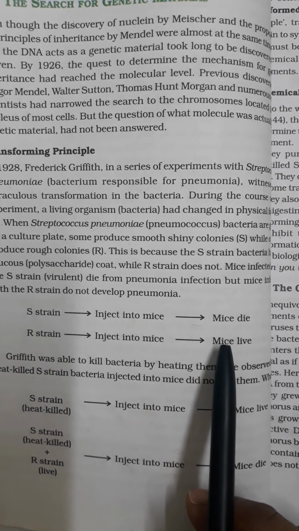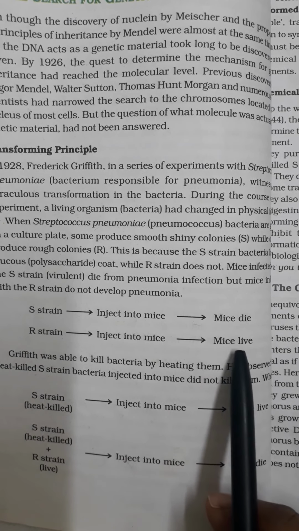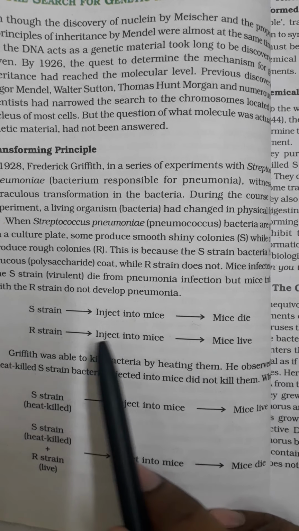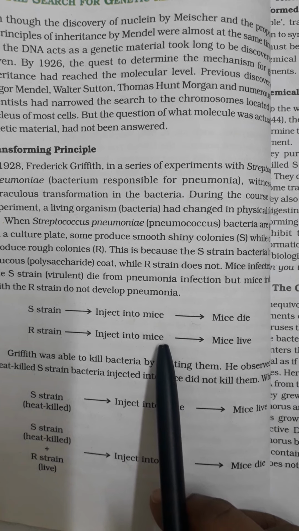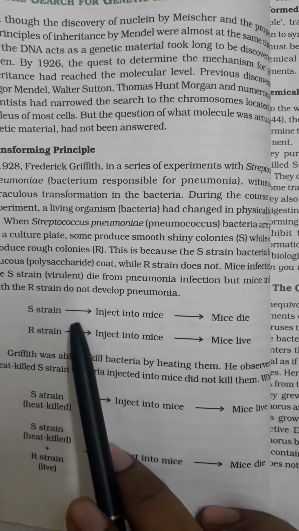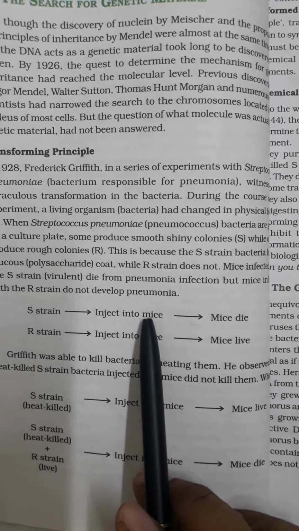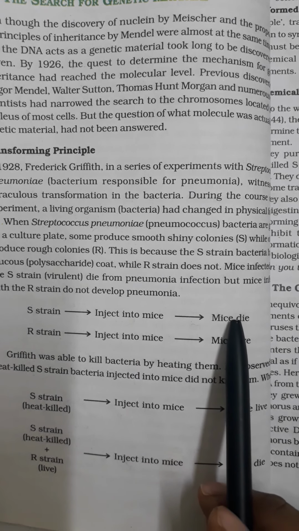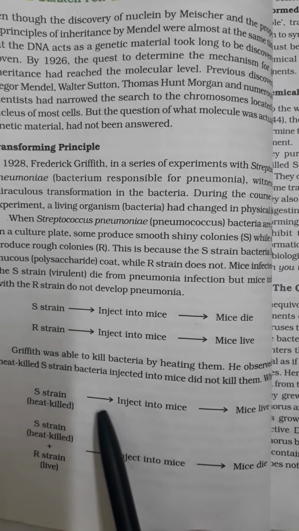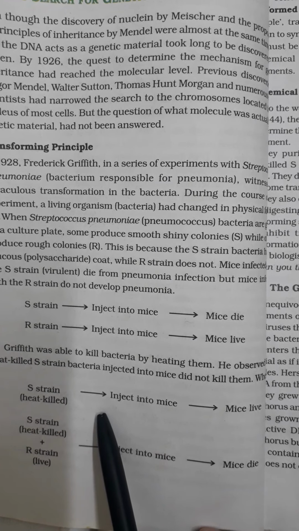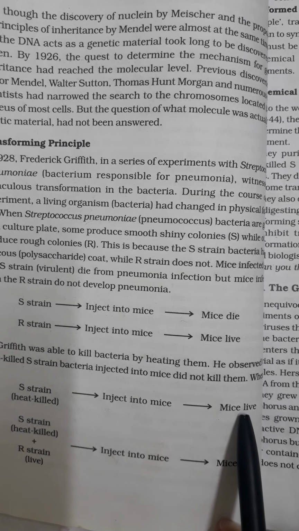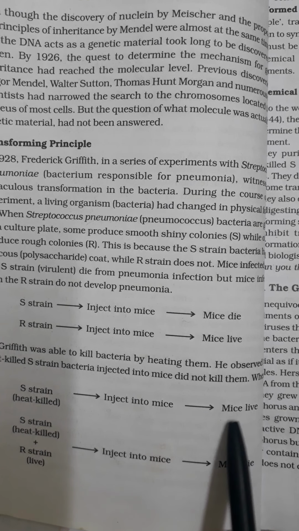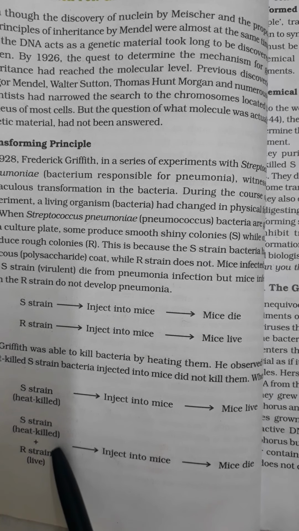The organism doesn't die because the R strain does not cause pneumonia infection in the mice. The S strain is able to cause infection in the mice that leads to death of the organism. Whenever the heat killed S strain is injected into the mice, they live, not dead.